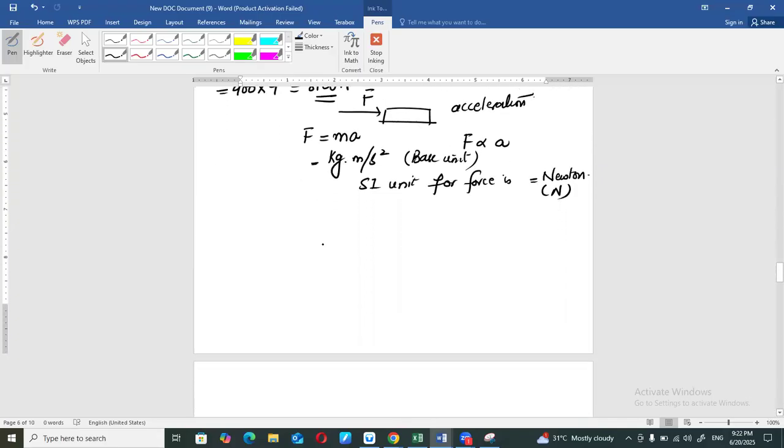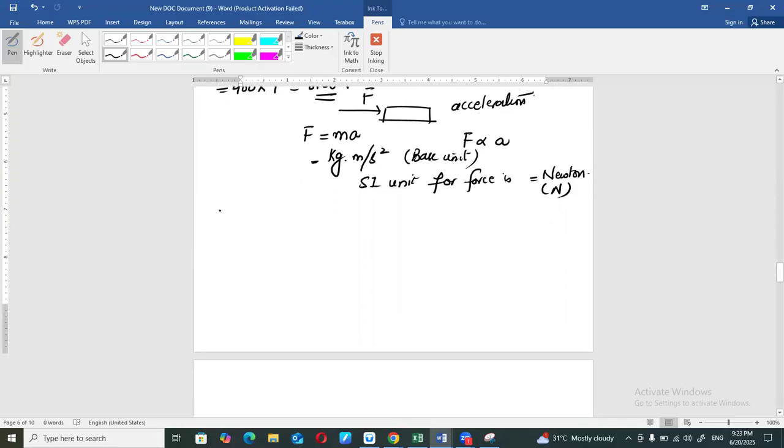Now there is Newton's third law. What exactly is it? It is also related to force.